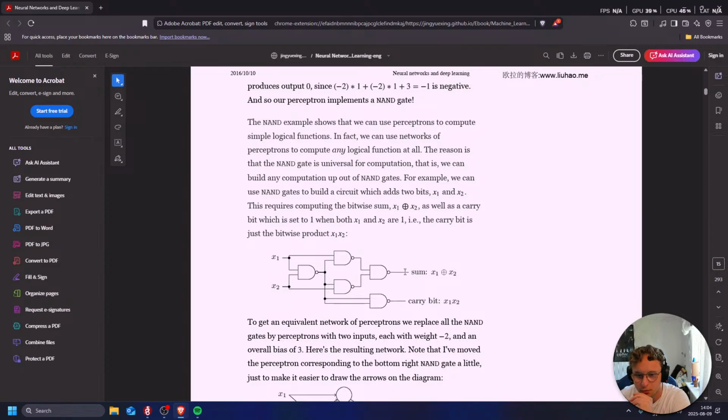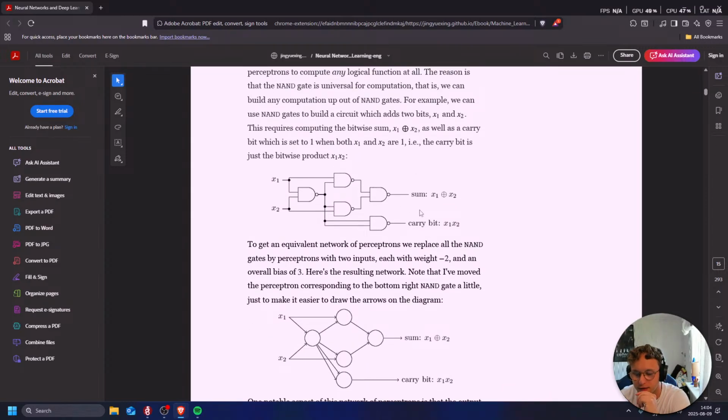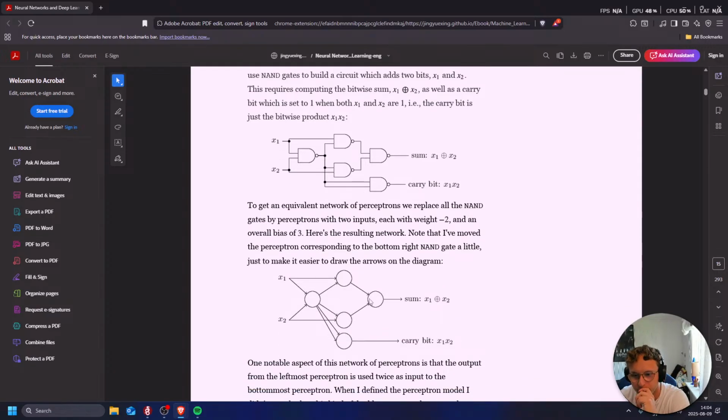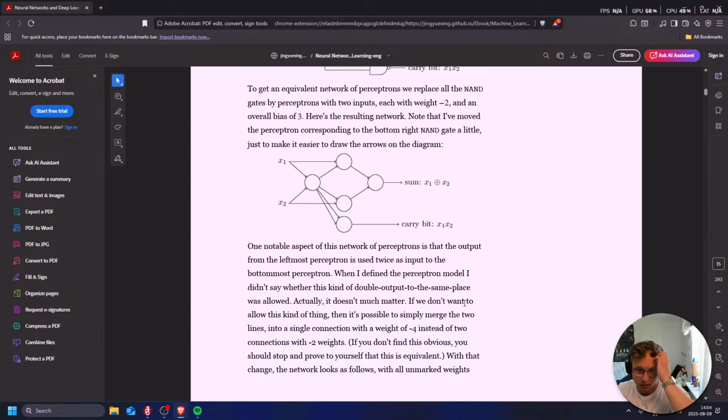So this is the normal adder in terms of bitwise algebra, and this is the equivalent structure in terms of deep learning and perceptrons. So you can create similar logic with perceptrons in terms of software, which is different. So yeah, can I remove this? And for this document, thank you.